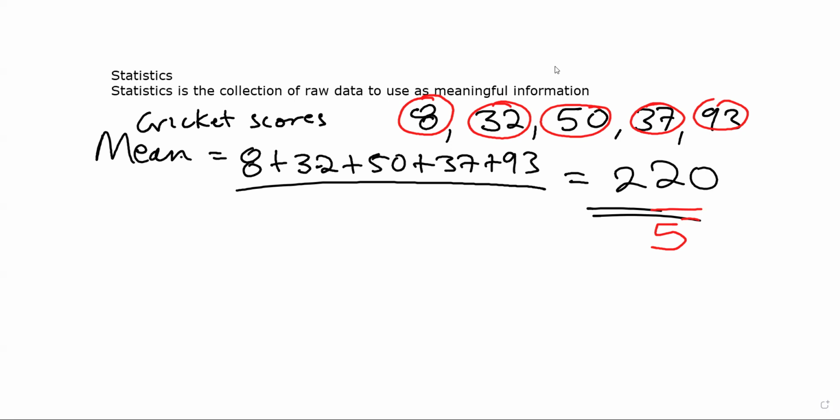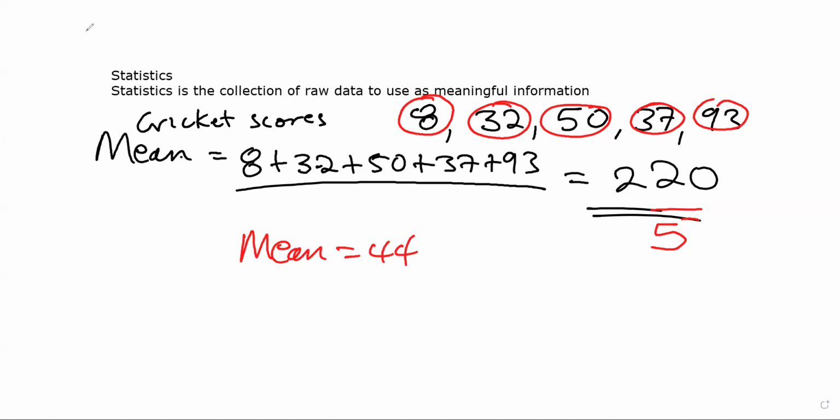All right, did you get the same thing? Yes, sir. Okay. Philip said the same as 44. 44. All right. That means the mean is equal to 44.